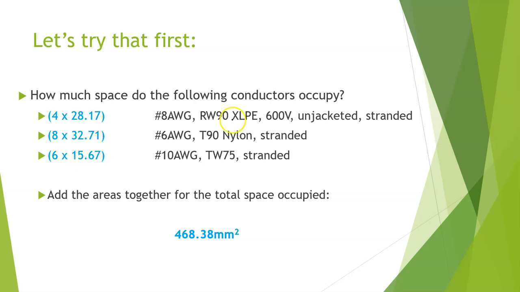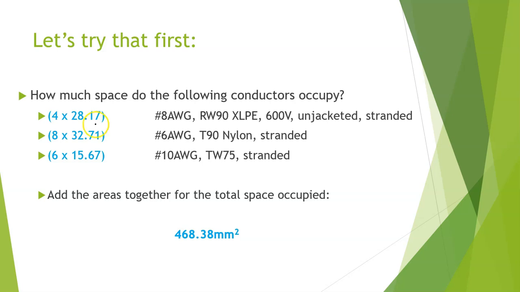And we don't care when we're doing pipe fill that these have different temperature ratings for the insulation. We don't care about that from a pipe fill point of view. We do care about that from an ampacity point of view. But here it's just physical space, so who cares what the insulation is, other than the fact that it dictates the size of the conductor itself.